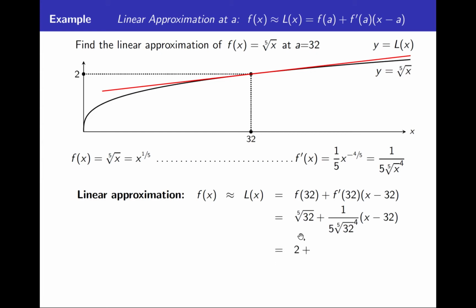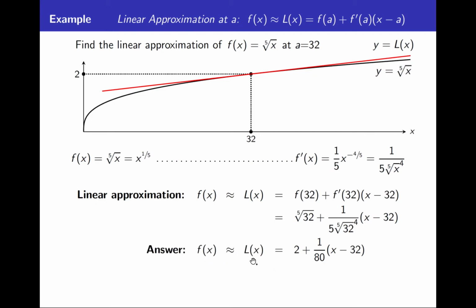Now the fifth root of 32 is 2, and the fifth root of 32 to the power of 4 is 2 to the power of 4, which is 16, times 5, that's 80. So we get 2 plus 1/80 times x minus 32. So this simple linear function, that's our L of x.